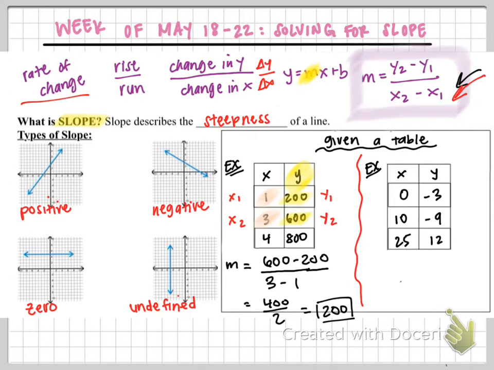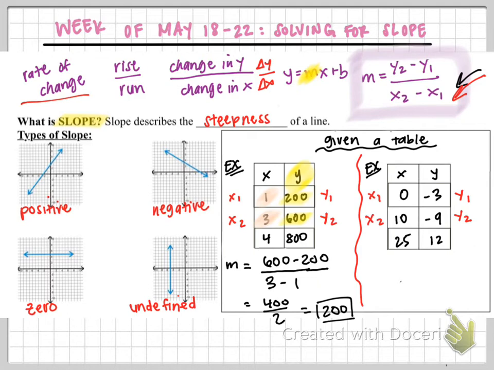Again, you can just use the same formula for solving for slope, and I still like to label my points because I tend not to mess up when I organize it that way. So the first one, 0, is going to be my x1. -3 is going to be my y1. Then in the next row, 10 is going to be my x2, and -9 is going to be my y2.